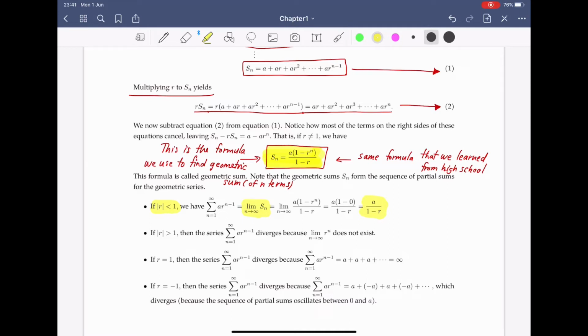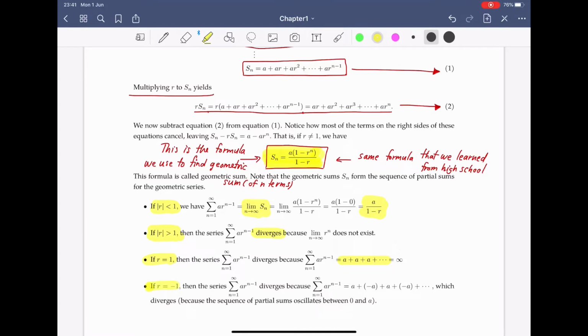And if you have absolute r bigger than 1, then the series is divergent. When you have r equal to 1, what you have is a plus a plus a plus dot dot dot, and that means it goes up to infinity. So this is also divergent.